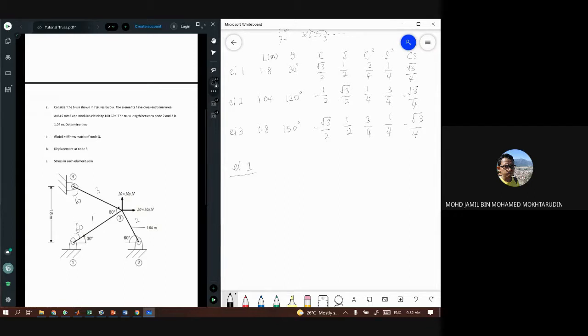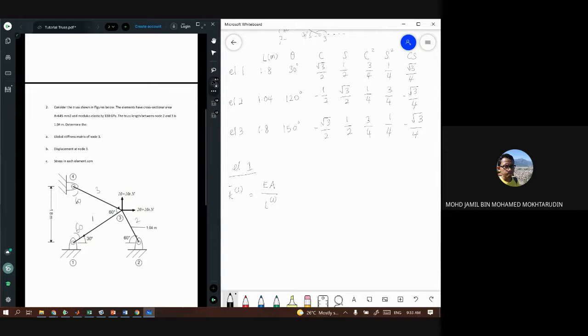Okay, so because the length for each element are not the same, it's better if we can calculate the EA over L for each element first. Okay, so let's say we name it K bar element 1 equals EA over L1.